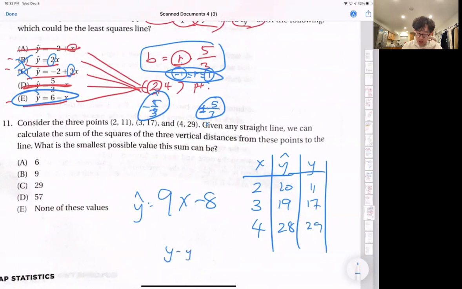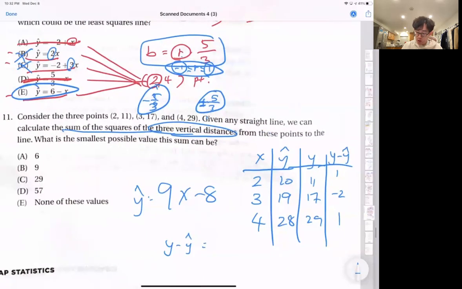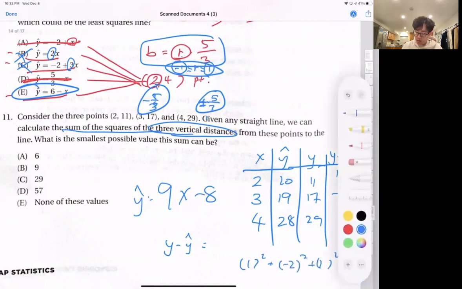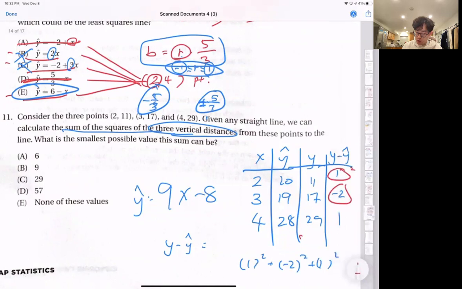So if I do Y minus Y hat, the residuals are 1, -2, and 1. What is the sum of the squares of the 3 vertical distances? I have to square each of these values and sum them up: 1 squared plus -2 squared plus 1 squared. That's 1, 4, 1. So 1 plus 4 plus 1 is 6.